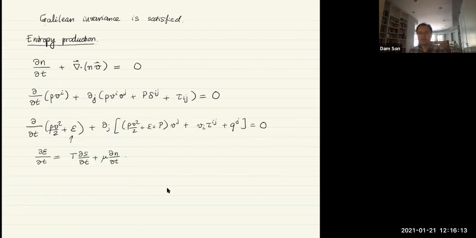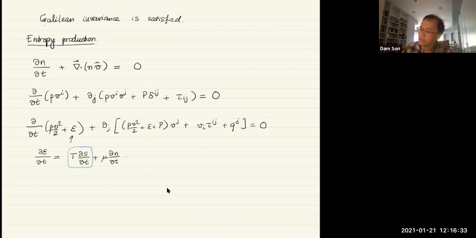So d epsilon over dt involves dS over dt, and you can take a linear combination of these equations and single out this term.